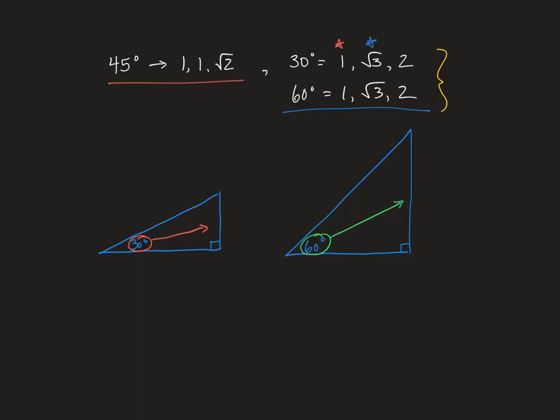Pretty quickly we should realize root 3 is larger than 1. And so when I build my triangle, the 30-degree small angle means it has to have the smallest opposite side. My smallest opposite side is 1. 60 degrees is my biggest special angle, which means it needs the biggest opposite side, and therefore root 3.